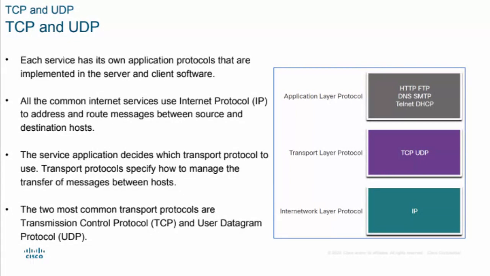Transport protocols specify how to manage the transfer of messages between hosts. For example, if I am using YouTube, this is my application. YouTube will decide whether it will use UDP or TCP, because UDP is different from TCP. Now we will tell you the differences between them.